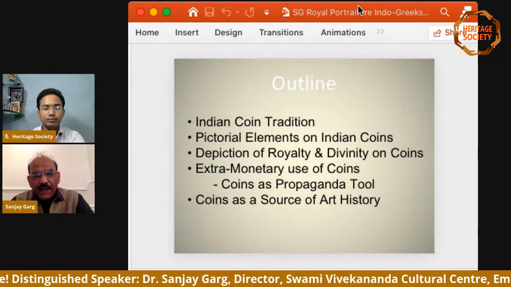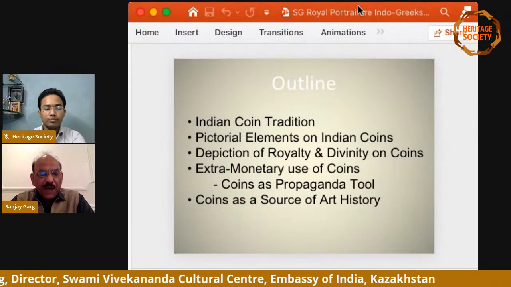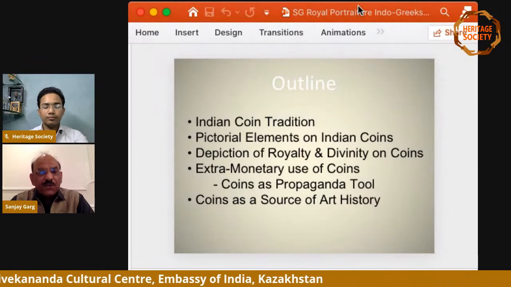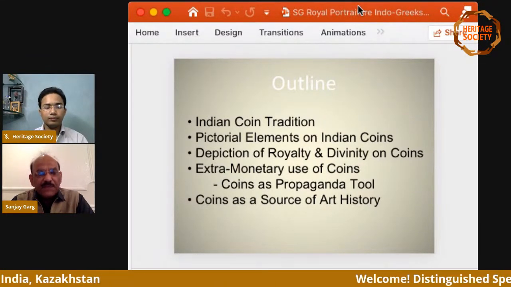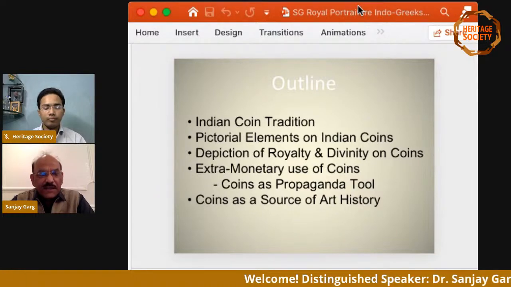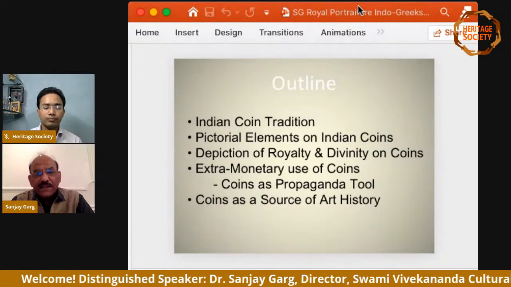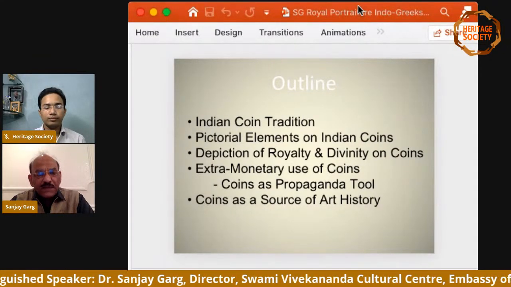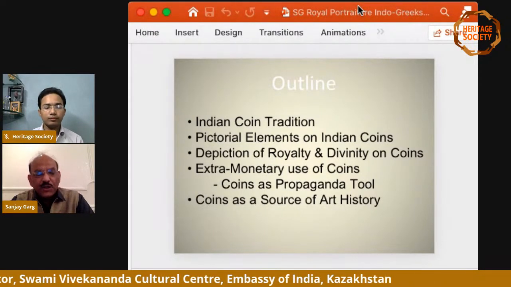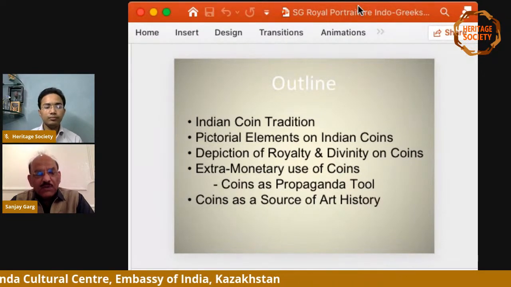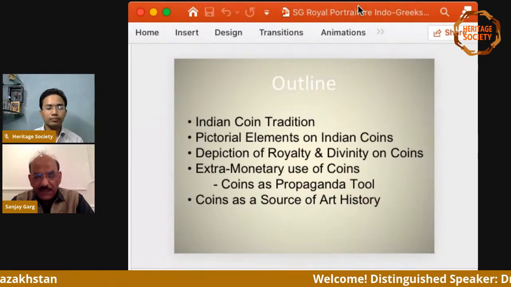And finally, I would end with a plea, especially to the art historians, that they should also take into consideration these little metallic pieces, the coins, when they study art history, because so far their studies have always concentrated either on the sculptures or paintings or even architectural design features. So coins are also an important source of art history. That is the takeaway from this session.